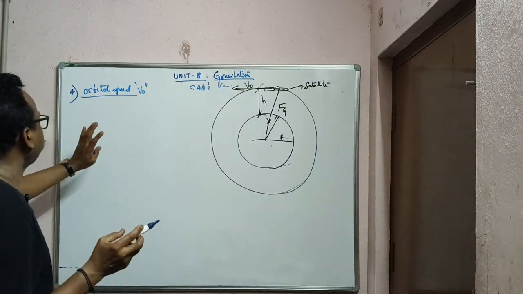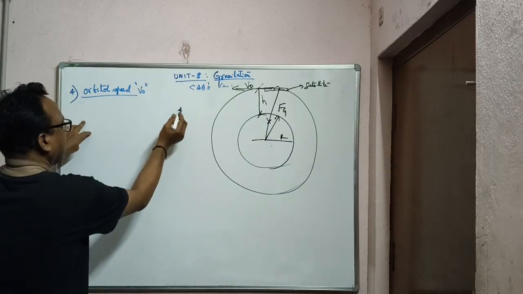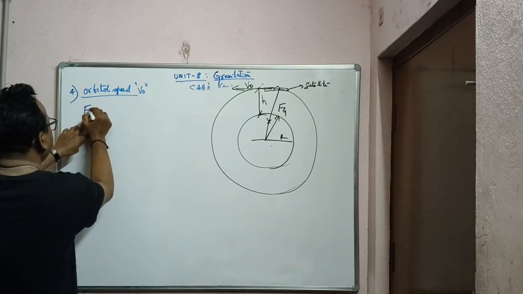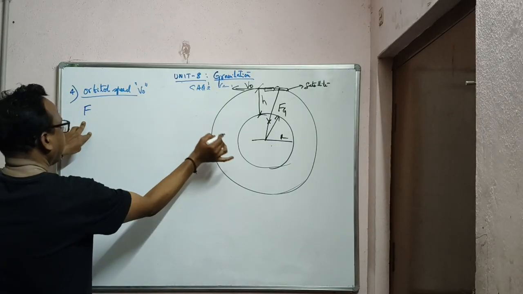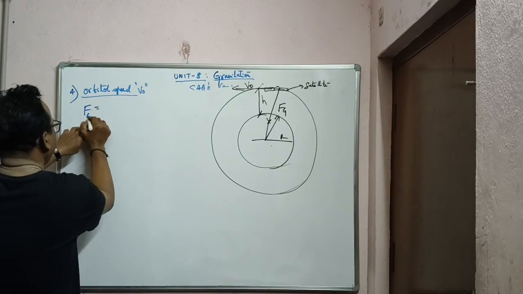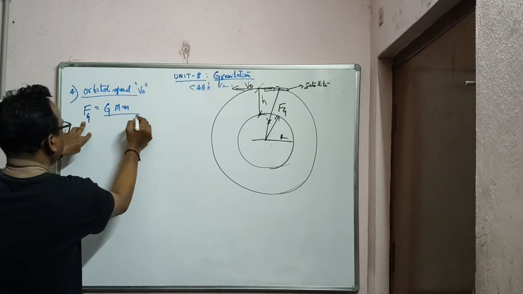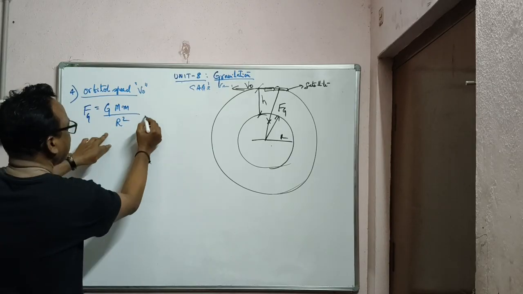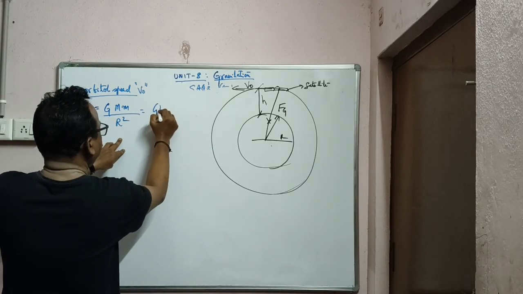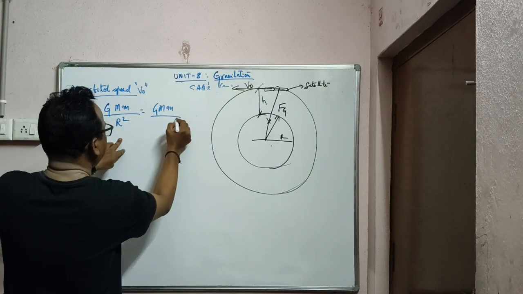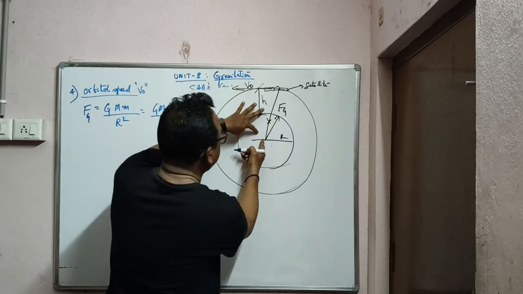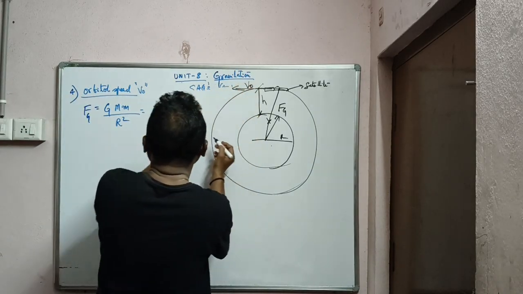Now what is the gravitation force between that satellite and this thing? F gravitation is given by capital G M m by r square. But it is not on the surface, it is at a height h, so r plus h.